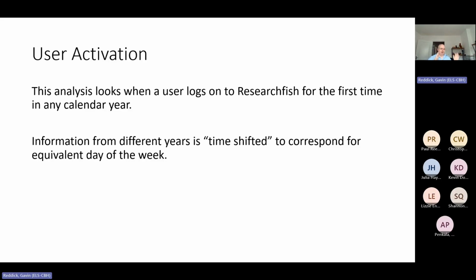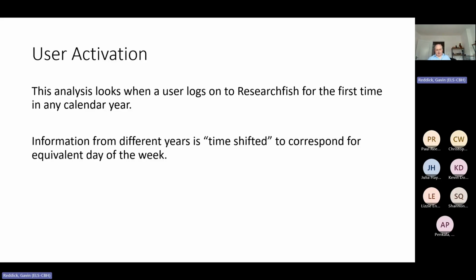So across this, you'll see three main types of analysis, user activation being the first one. So when the user logs on for the first time, the next section is going to look at the attributions. So this is the work that users are doing to add the information into Research-Fish and report against the award. And then finally, we'll look at the award submission. So we're going to look at each of those three slices in turn.